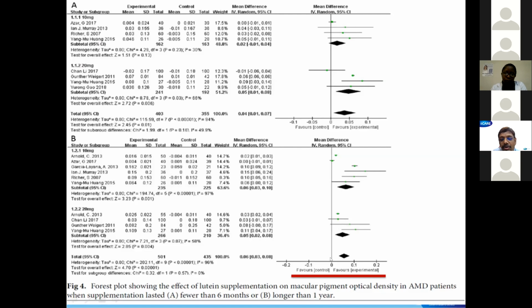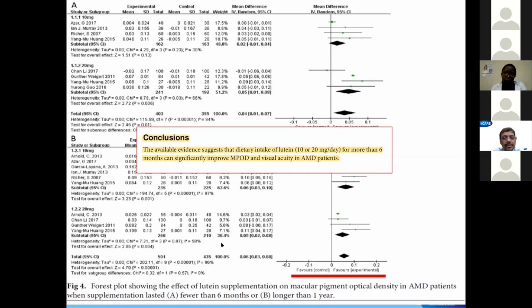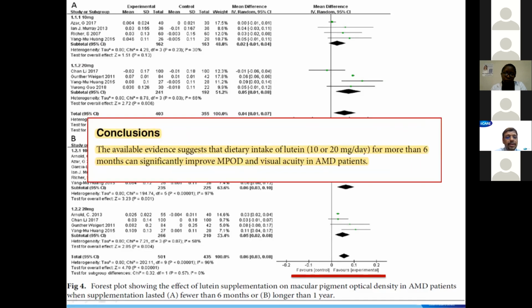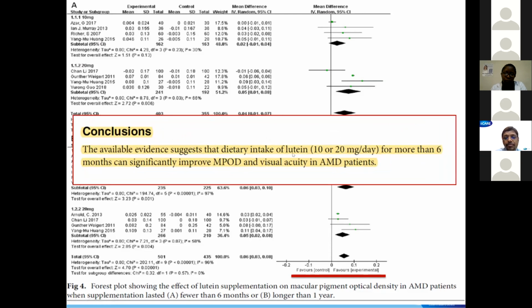The forest plot shows most of the studies fall in favor of lutein supplementation for AMD patients, and that's why the conclusion of this meta-analysis was that dietary intake of lutein 10 or 20 milligram per day for more than 6 months can significantly improve MPOD and visual acuity in AMD patients.